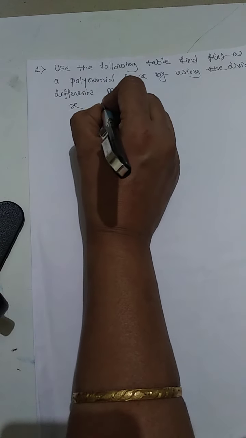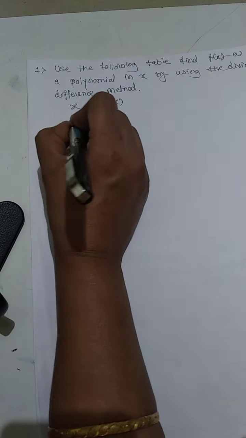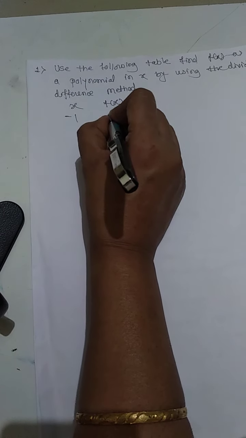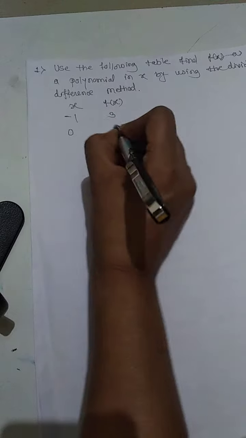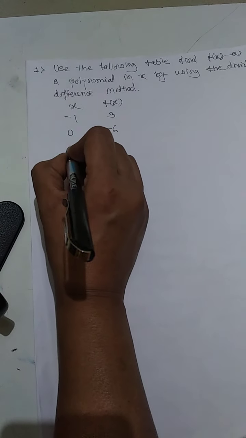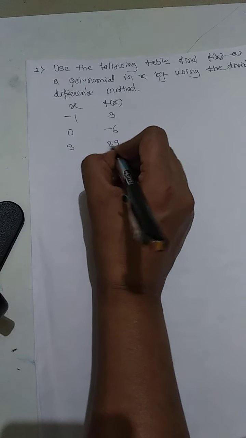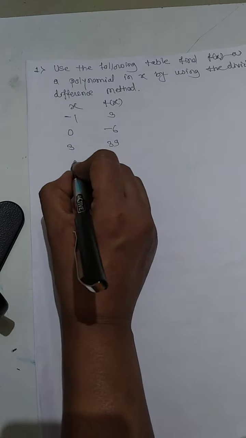X and f of x is given. X is equal to minus 1, 3, 0, minus 6, 3, 39, 6, 8, 2, 2, 7, 1, 6, 1.